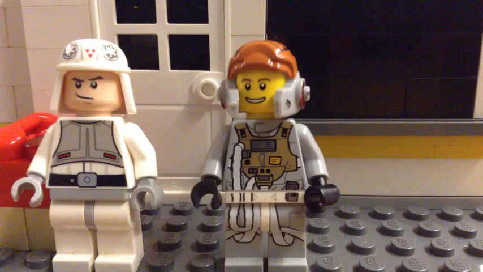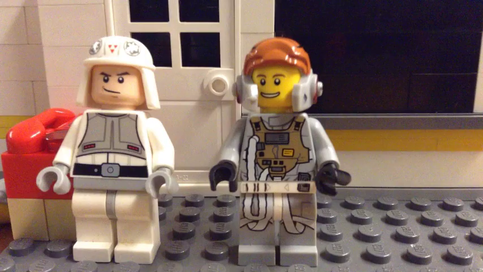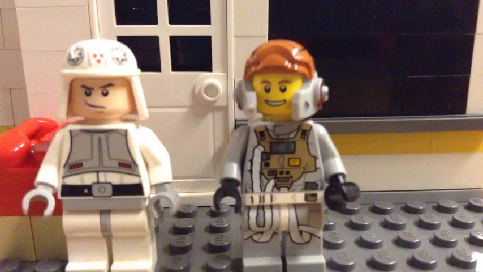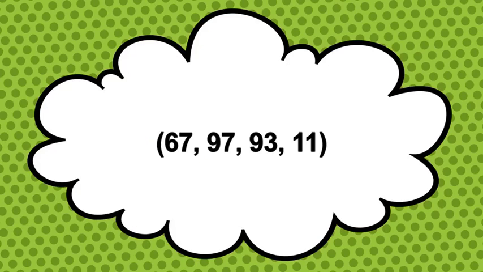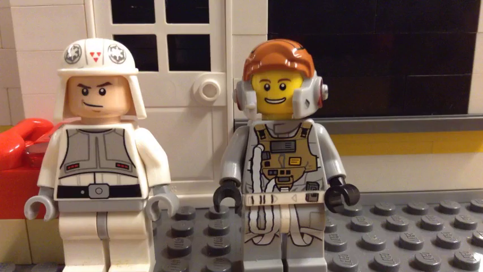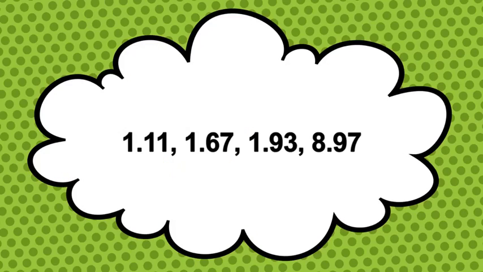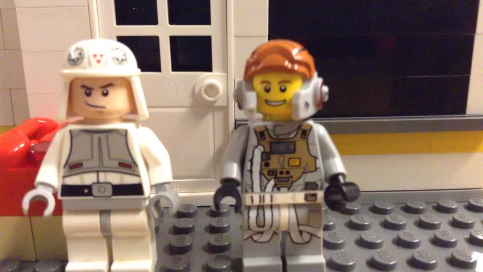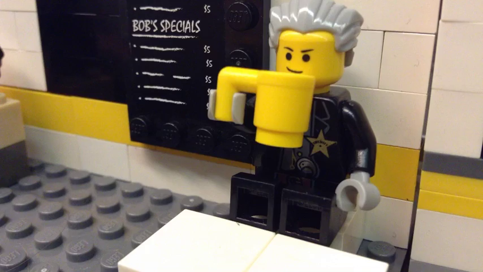Then you look at the numbers right to the decimal and see which one is bigger, as if they were whole numbers. So the numbers to the right of the decimal in our set of data, 67, 97, 93, and 11, would make the decimals ordered as 1.11, 1.67, 1.93, and 8.97, if it would be ordered least to greatest.